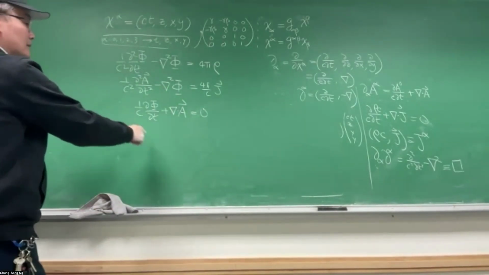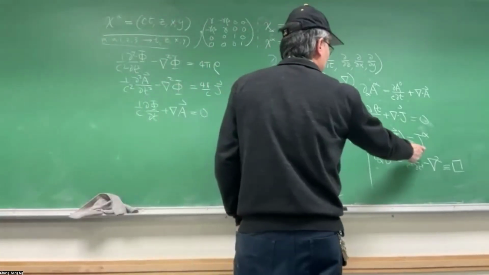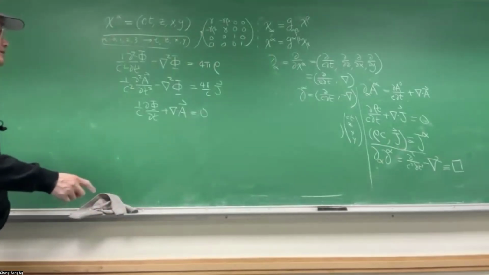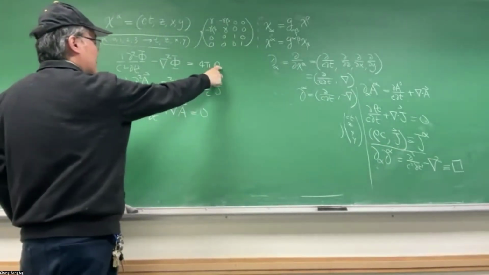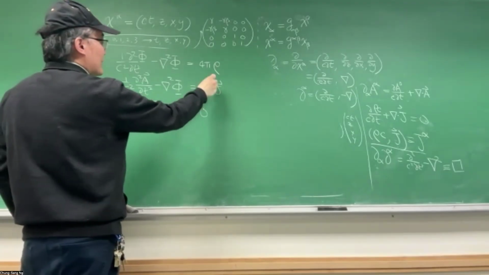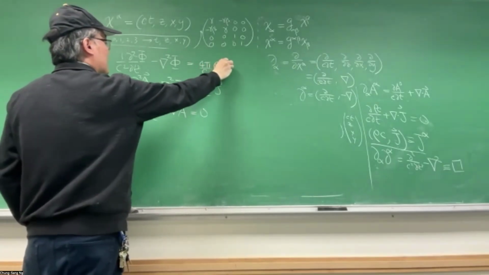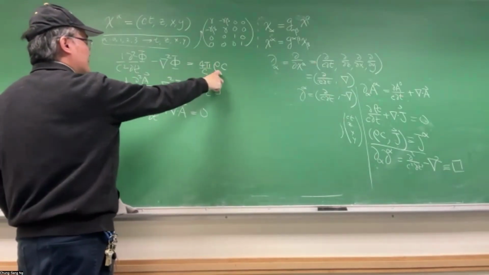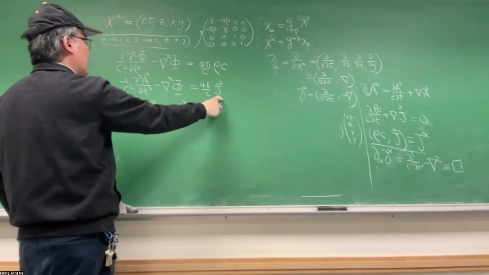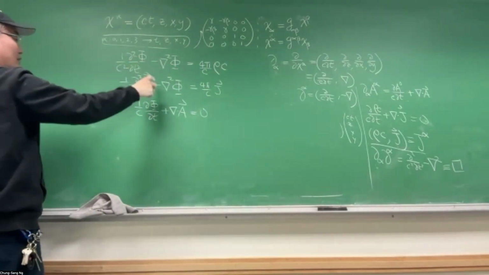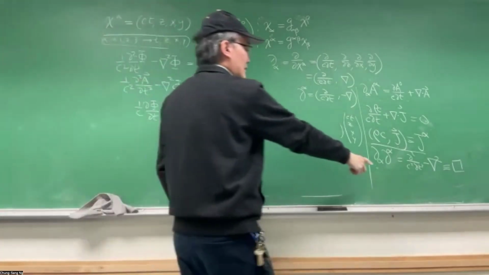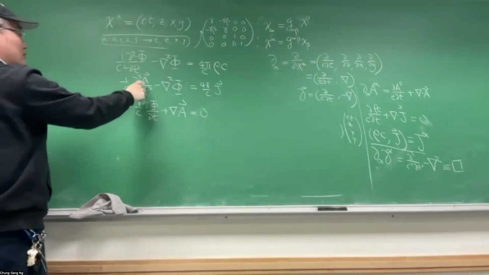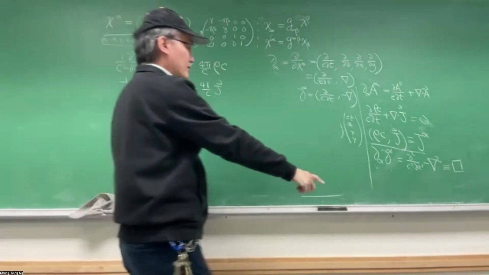Now we see that we already found out that charge density and current density form a four vector. So this charge density, current density, or you can make it symmetric, it's divided by C multiplied by C. So this and that, the right-hand side, are components of a four vector. Then the left-hand side, whatever is operated on by the d'Alembert operator, should also form a four vector because this is invariant.